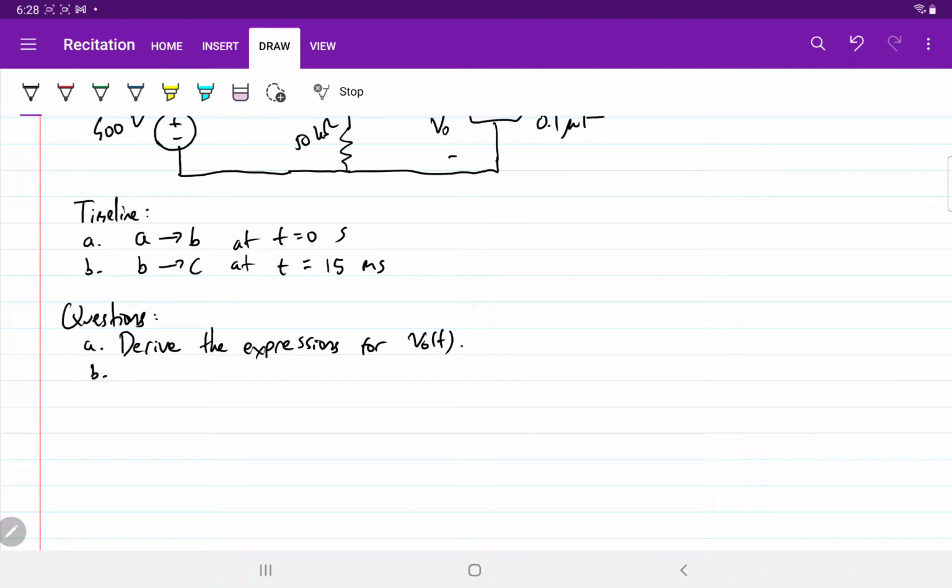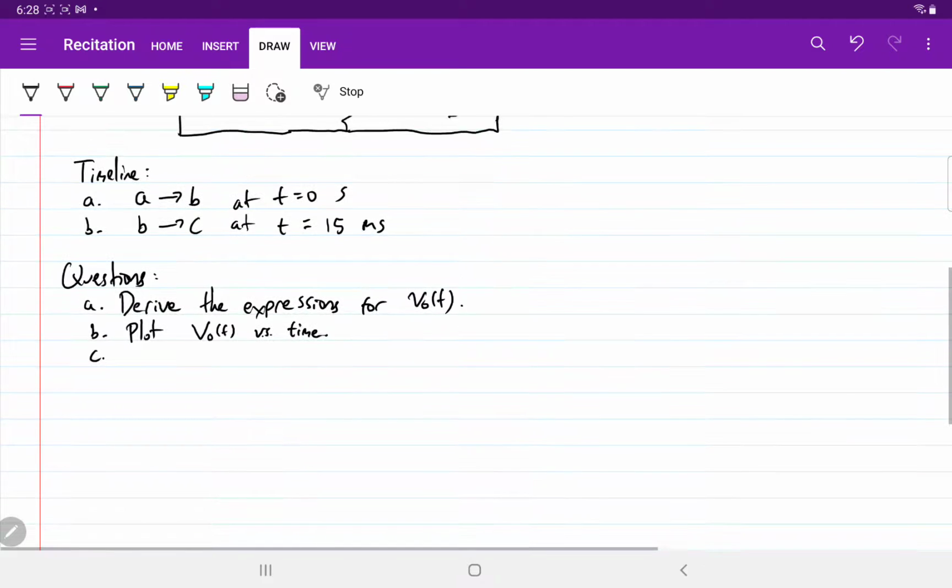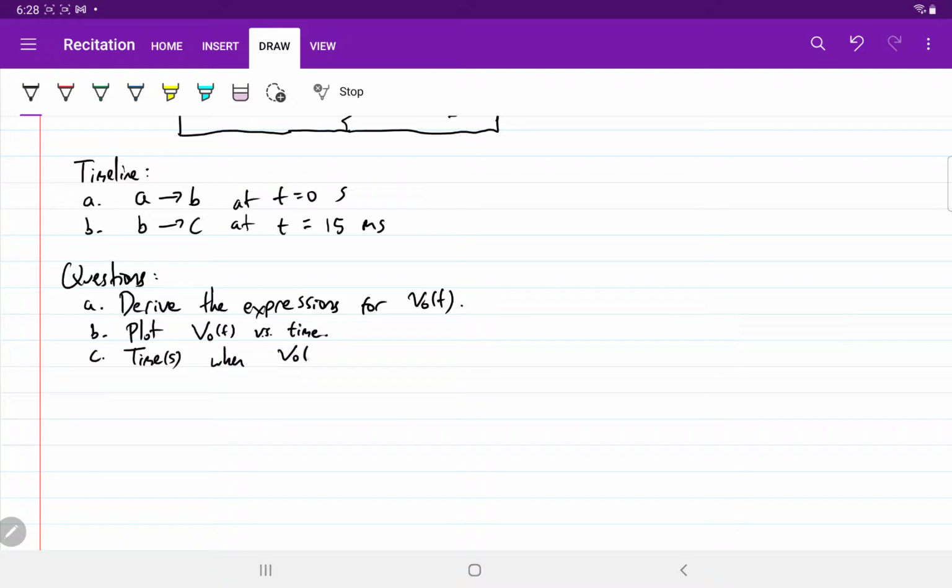That's question A. Question B, plot the voltage V0 of t versus time. See the time or times, maybe multiple times, when V0 of t is 200 volts.